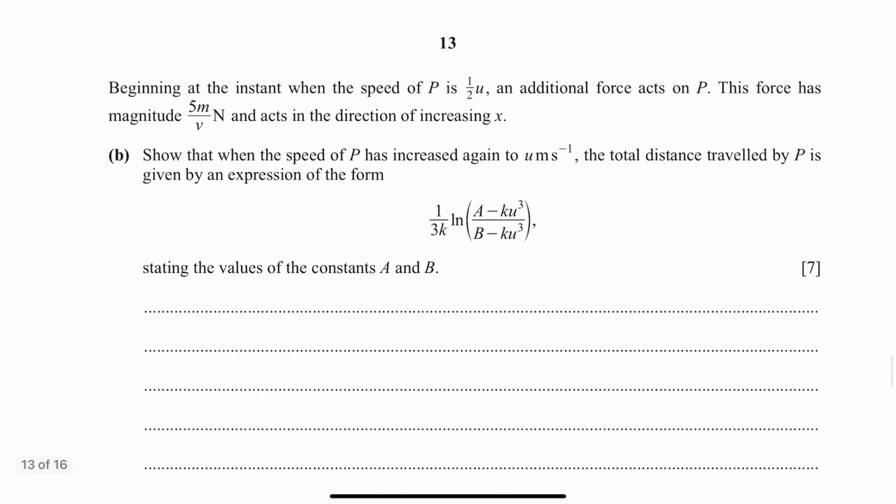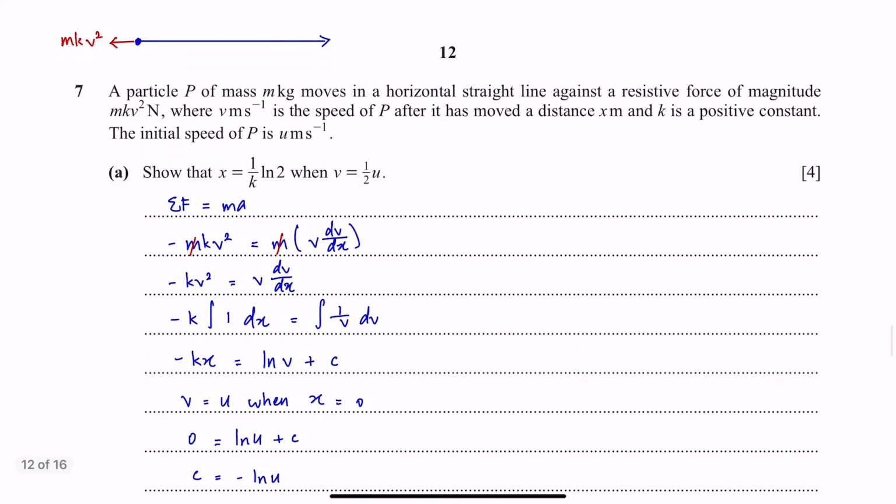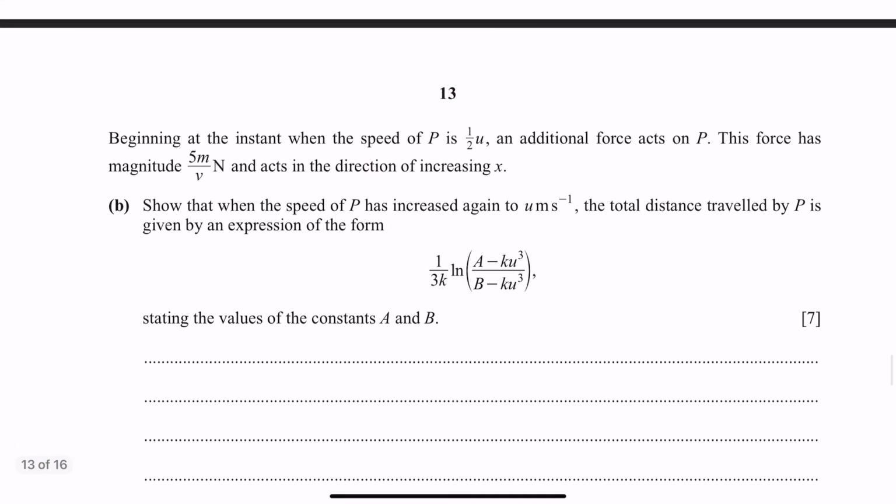So this is another situation, and we can treat it as a new thing. We disregard everything that we did in front and we treat it as a new thing. So the particle is here, goes in this direction, increasing x, and now we have an additional force acting on p.